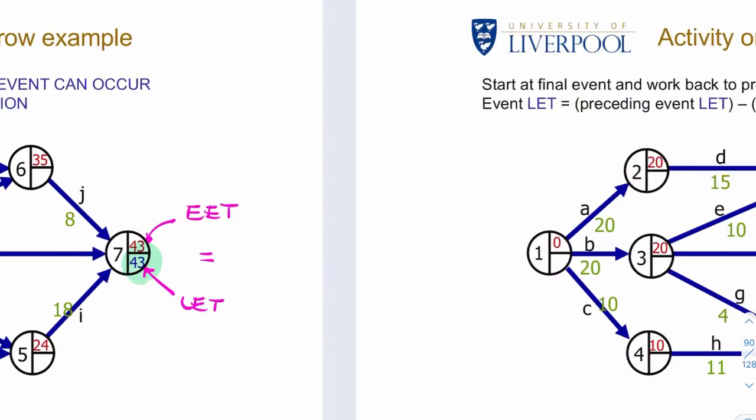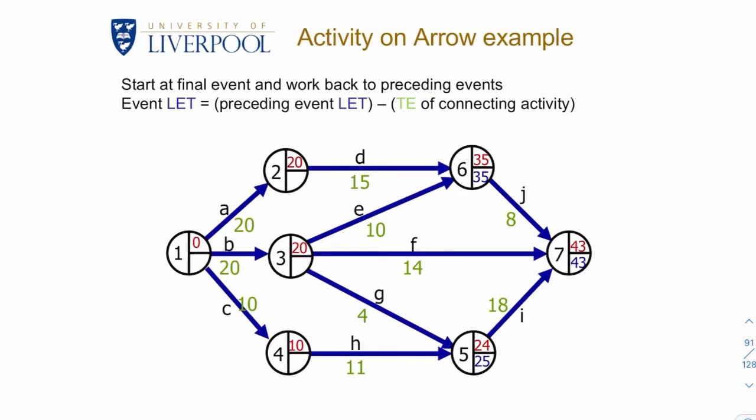So now what you need to do is you need to subtract. So you have your 43 days. If you take away 8, that'll give you 35. 43, take away 18, that'll give you 25. And you can go back and do that again. 35, take away 15, and then 35, take away 10, and then 25, take away 11, 25, take away 4.